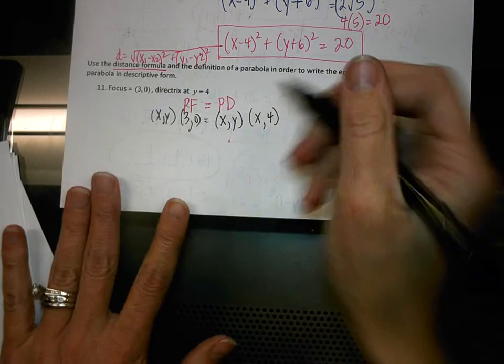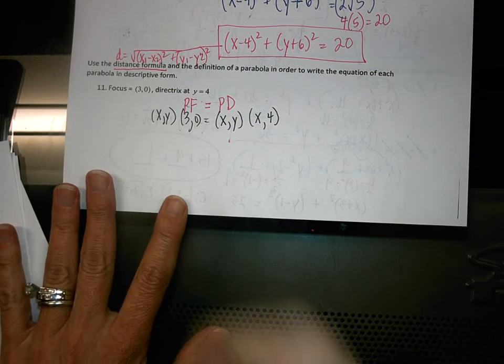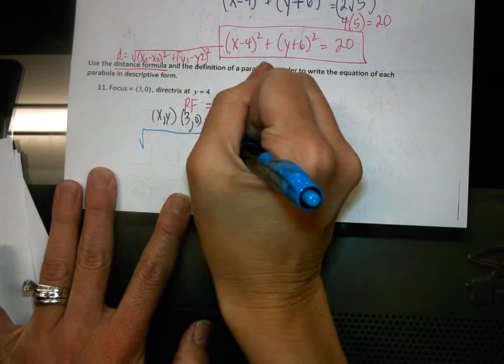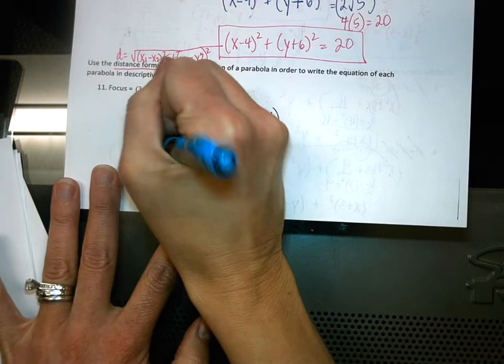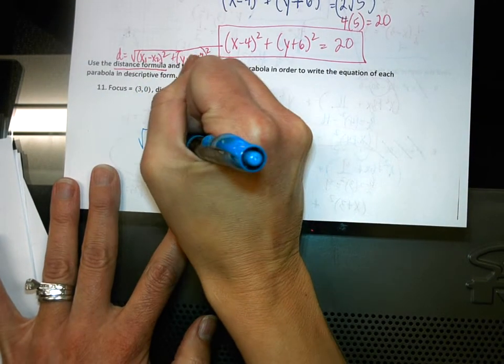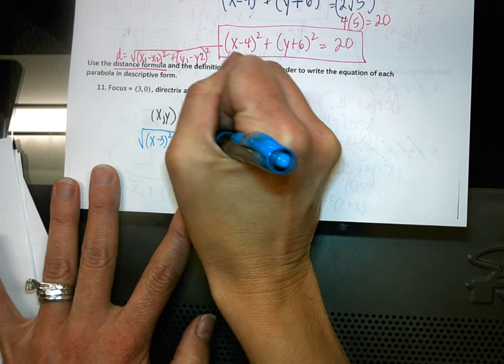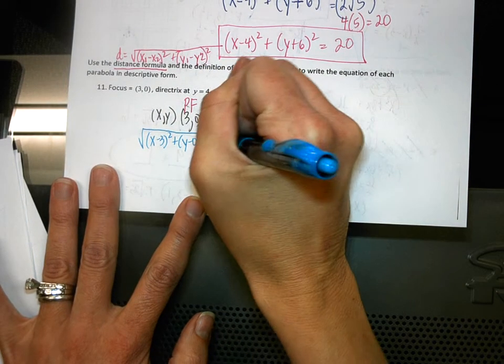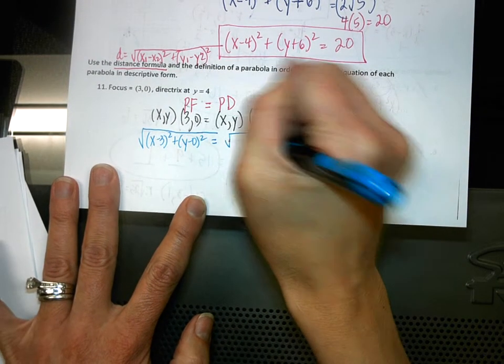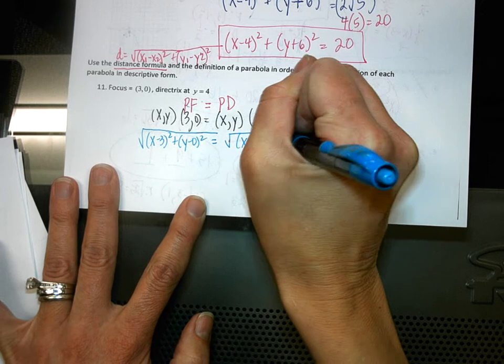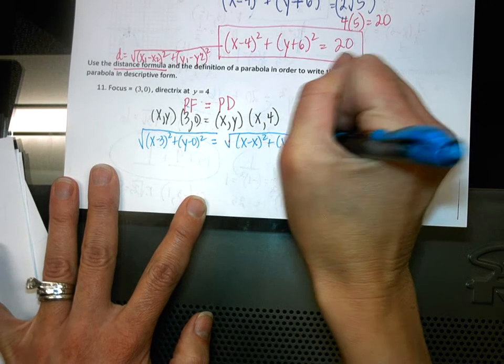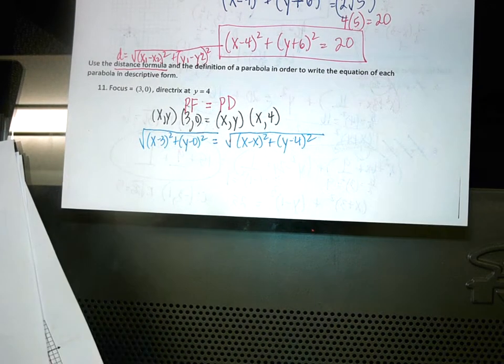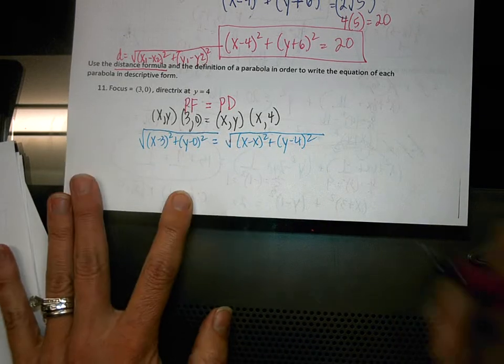We will now use our distance formula. So we have this square root, and we'll subtract: the square root of (x minus 3) squared plus (y minus 0) squared equals, over here we have our square root, (x minus x) squared plus (y minus 4) squared. So now we'll go through and simplify.